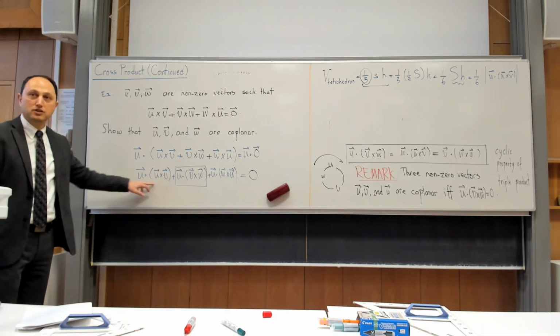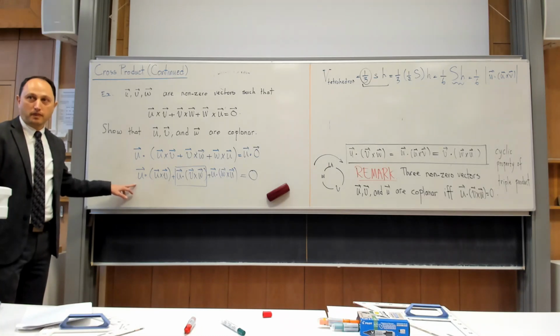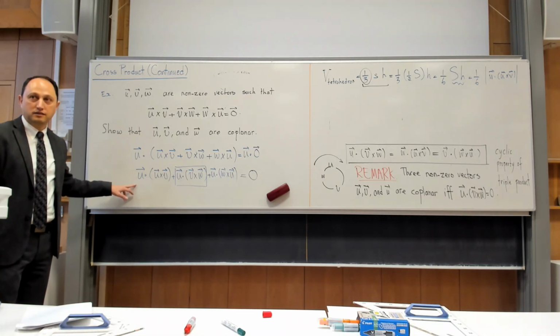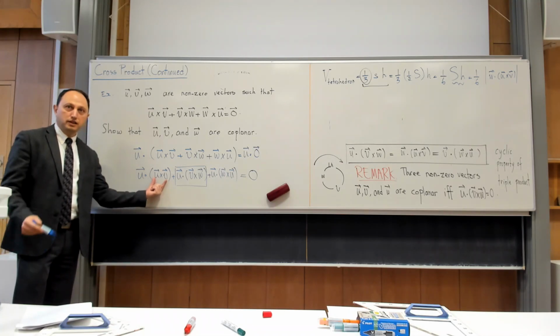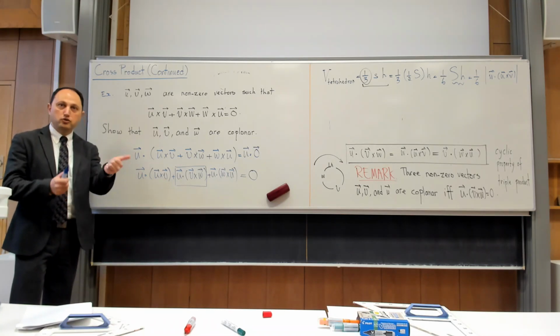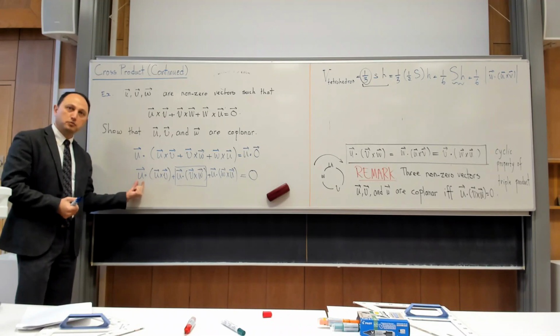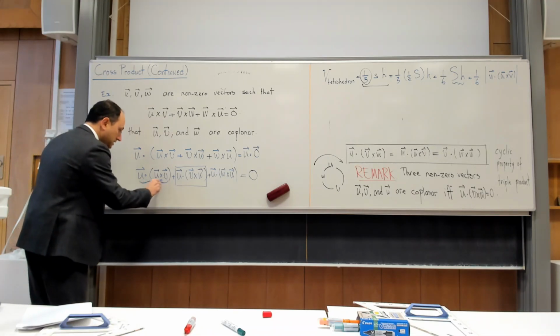What is this combination? When you dot product the cross product with the same vector inside, it becomes zero, because u cross v by definition is perpendicular to both u and v, and then you are multiplying by u. So this number is 0.